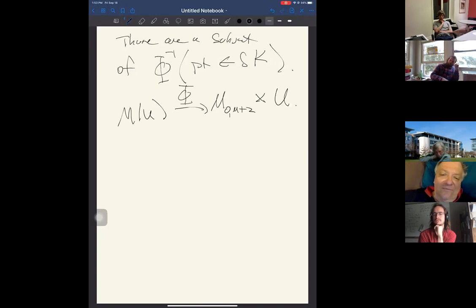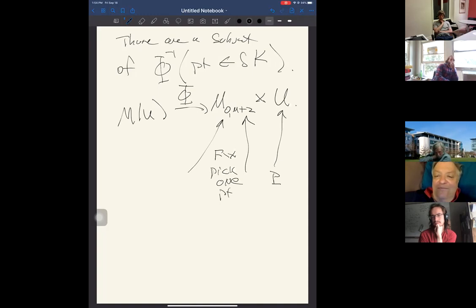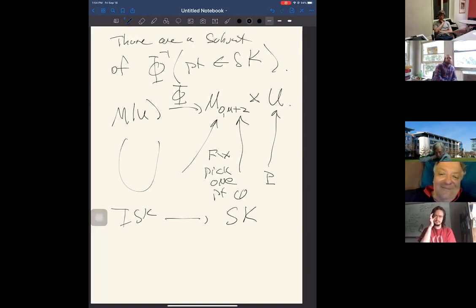And the things I'm counting, I just fix a domain in here and a point in U. I've done that. This is my P. Here I can pick one point and just take the fiber. I can take that point if I like inside the skeleton. And then we had that ISK. So I have a subset.